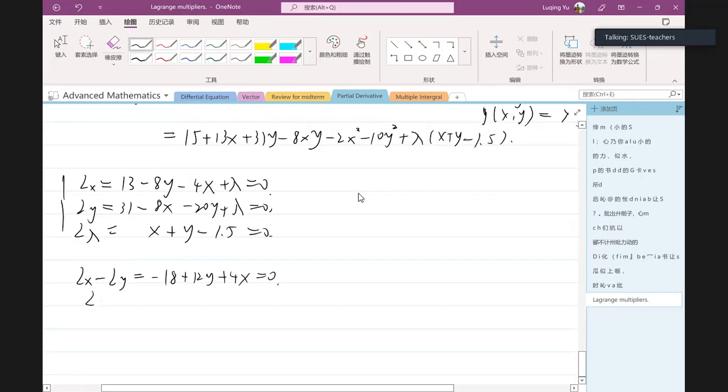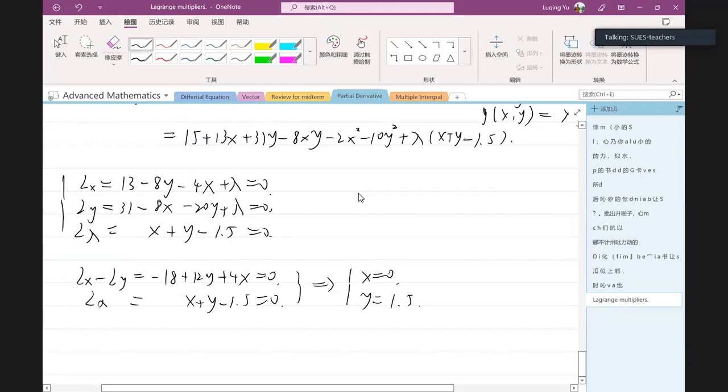And then we know that L lambda is x + y - 1.5 = 0. Then you can find that x is equal to 0 and y is equal to 1.5.